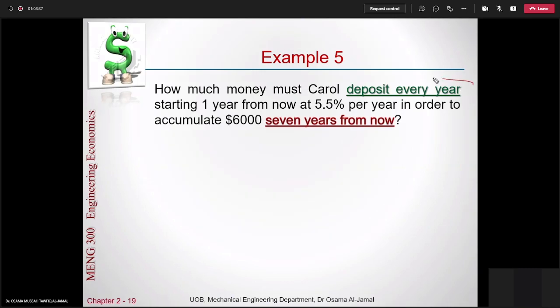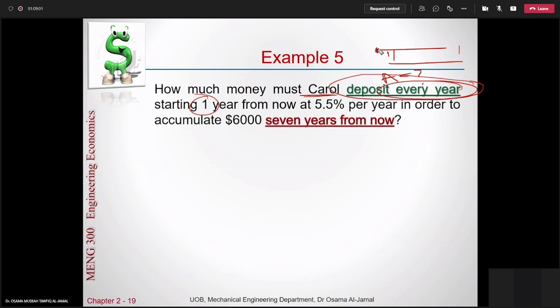The first part in here: Carol needs to deposit a certain amount every year. So what we are talking about here is the annuity. That annuity is unknown. Starting from which year? Starting from year 1. From now. Year 1 from now.